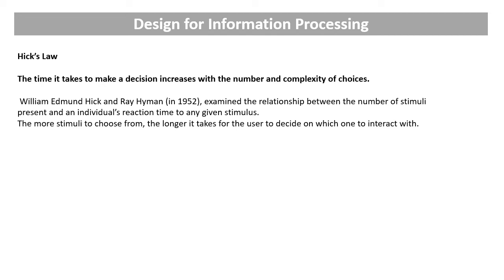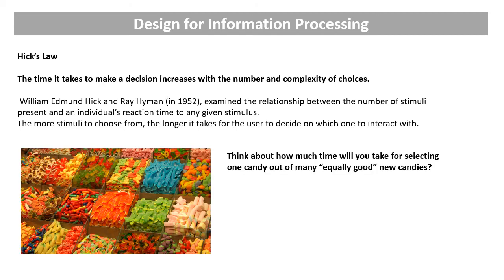If I give any individual more stimuli to choose from, he or she will take a longer time to decide which one to interact with. For example, suppose you go to a newly opened candy shop in the city, and they have a wide variety of new candies which are equally good.